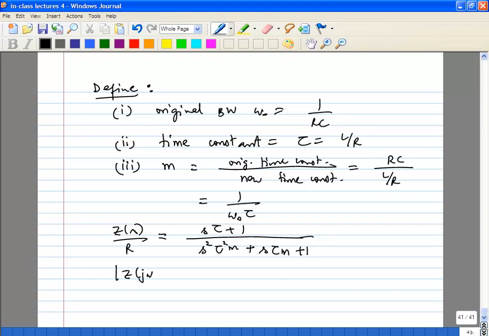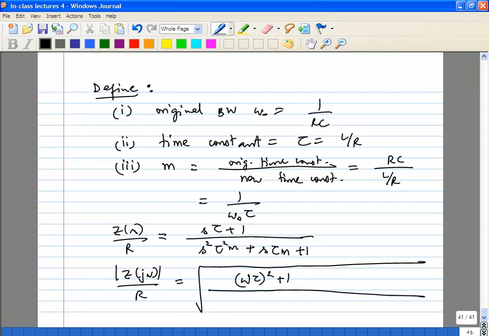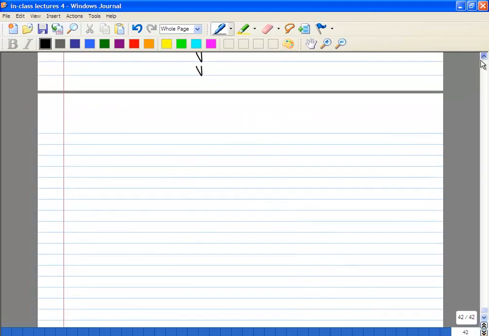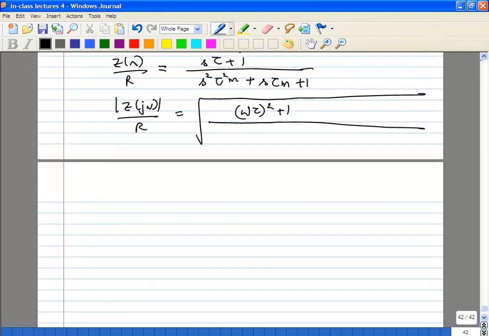So now we are interested in the magnitude over... s square tau squared m plus s tau m plus 1.